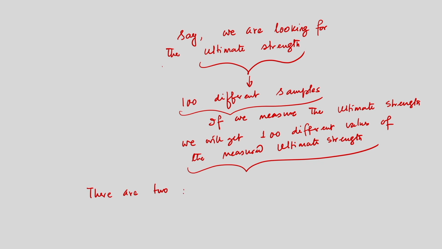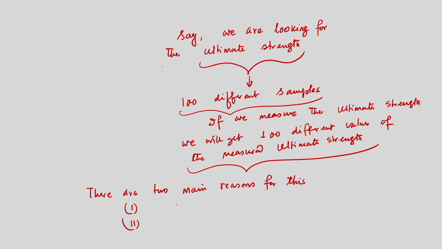There are two main reasons for this. We will get 100 different values of the measured ultimate strength because of two different reasons.